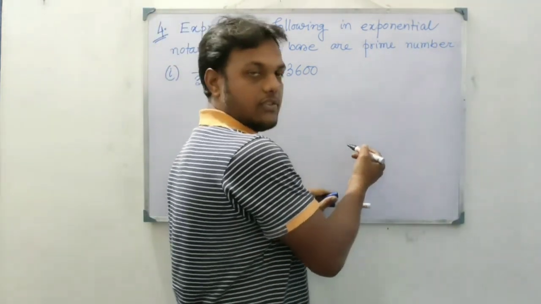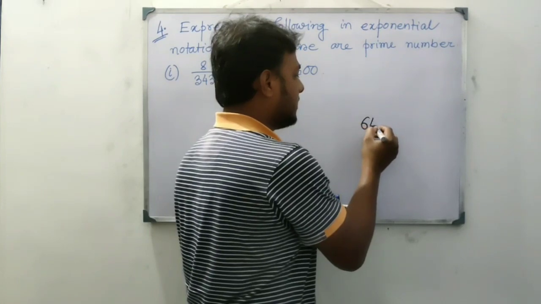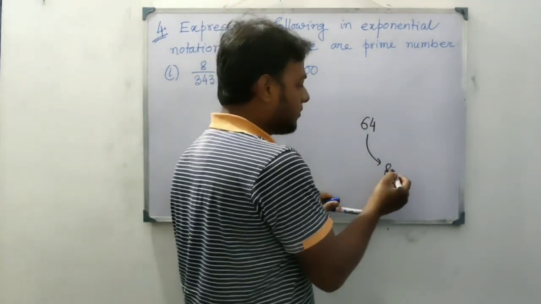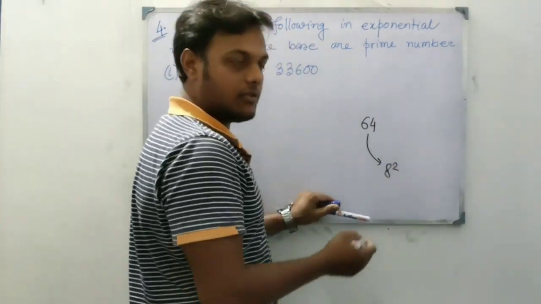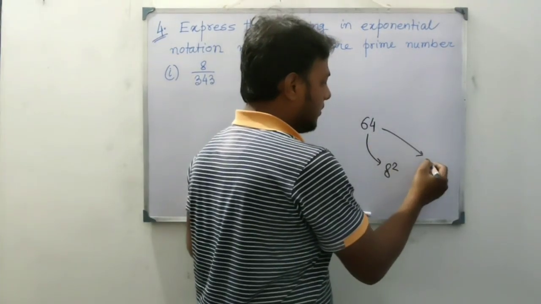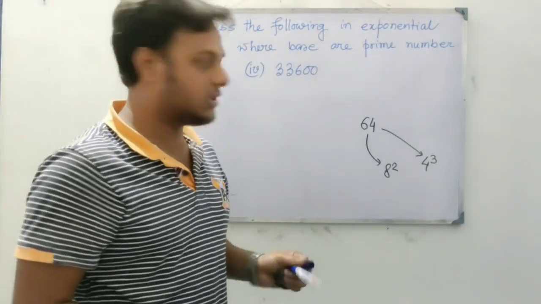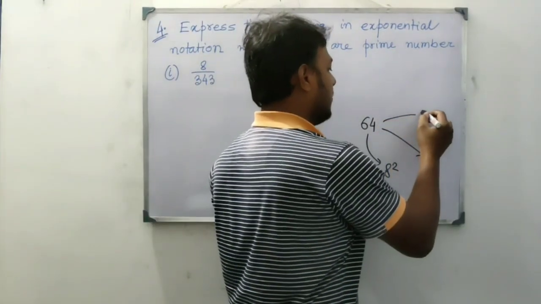As I told you in my first video, suppose 64 is a number, we can express this number in different forms. How? 8 square, that means 8 into 8 means 64. You can use 4 cube, that means 4 into 4 into 4, also 64. And also you can write 2 to the power 6.